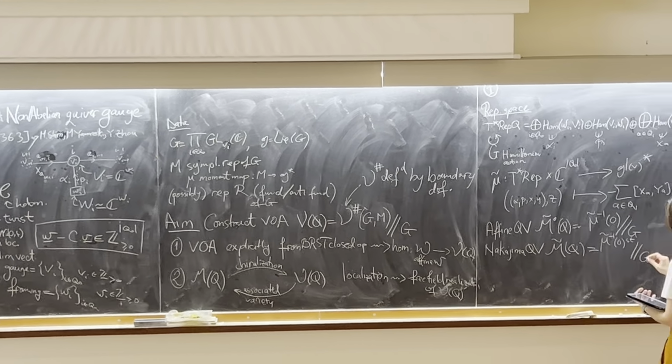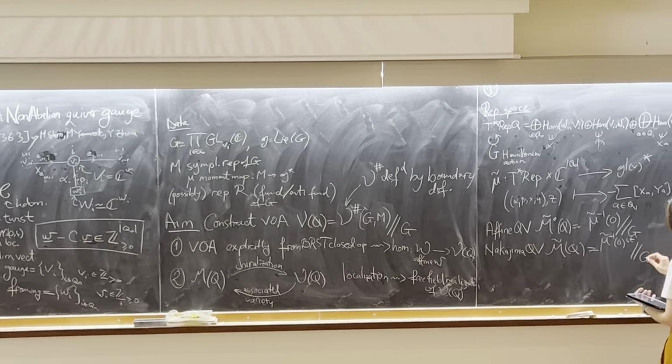And there will be Heisenberg VOAs associated to each of the nodes. So what I was calling V hash will be exactly the tensor product of this beta gamma system, the free fermions, and the Heisenbergs.